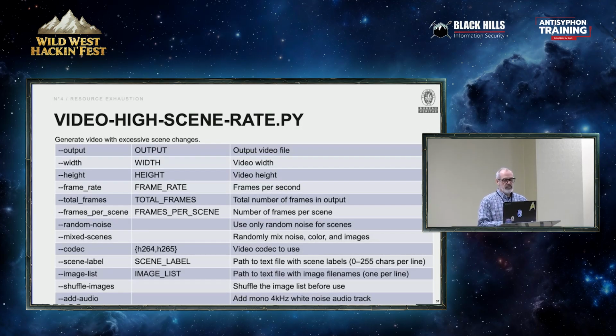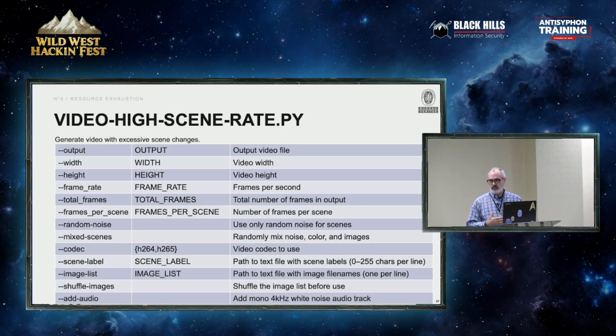I'm going to show these videos at the end, but here's a high scene rate. The intent of this is to generate a video that will cause lots of scenes to be generated. Most of the time, the scenes are handfuls, 30, 40 at max. This one can allow you to do thousands. There's different ways to generate this. They're all static images like a slideshow. By default, it's solid colors.